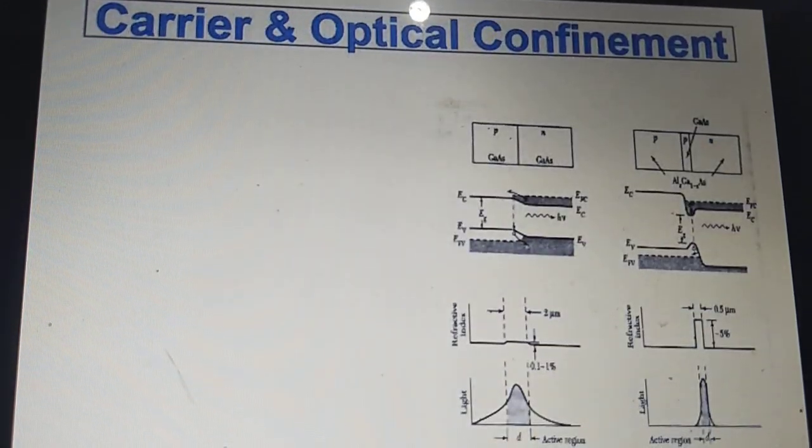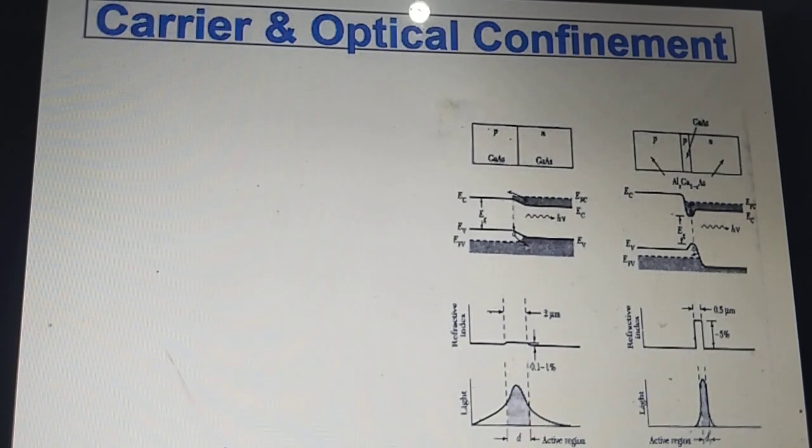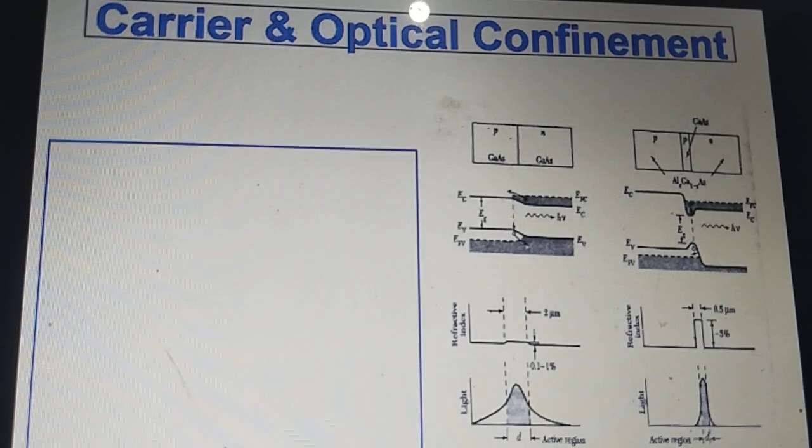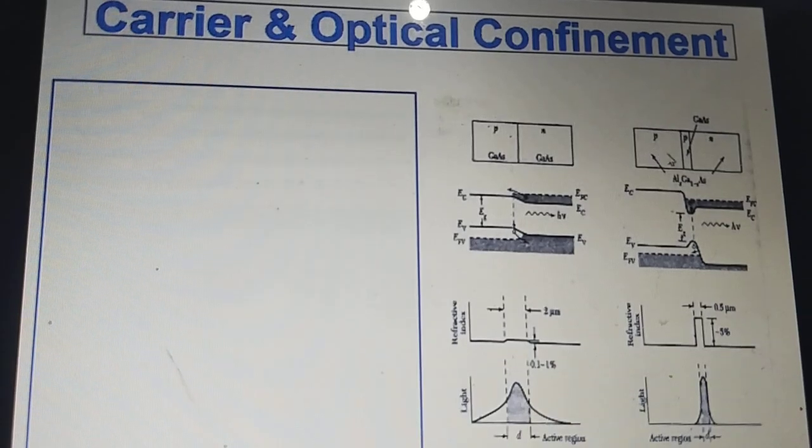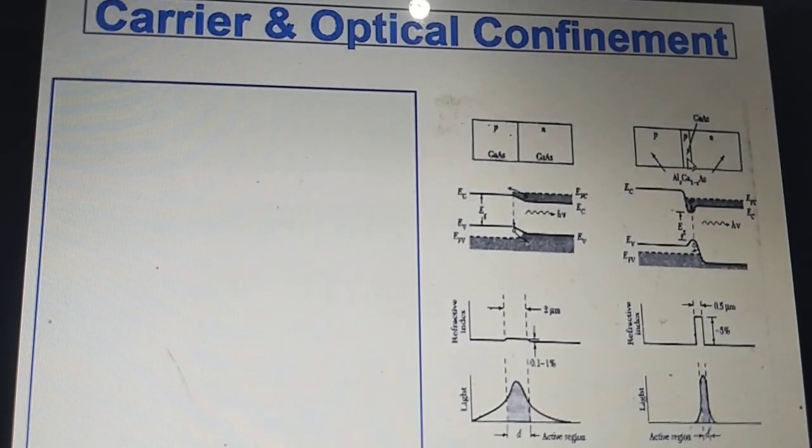Another aspect about the laser is how it makes carrier confinement or optical confinement. See this A and B. A is showing you a gallium arsenide PN junction, and B is showing you a double heterojunction laser.